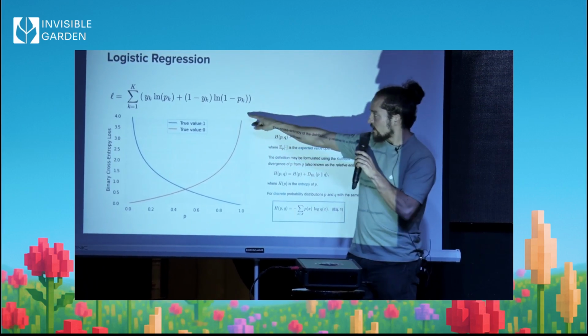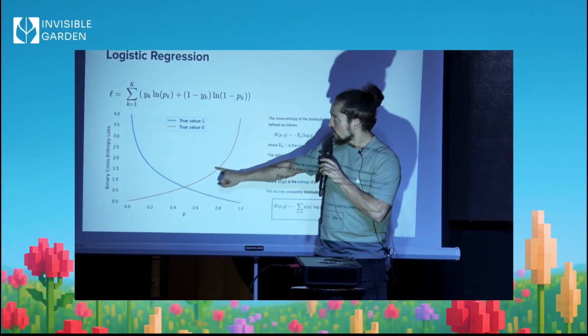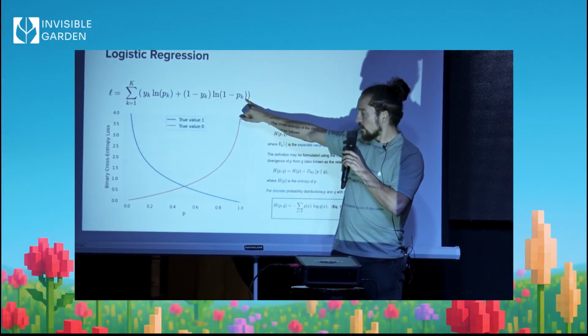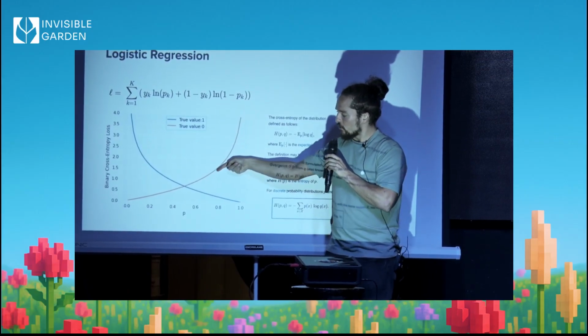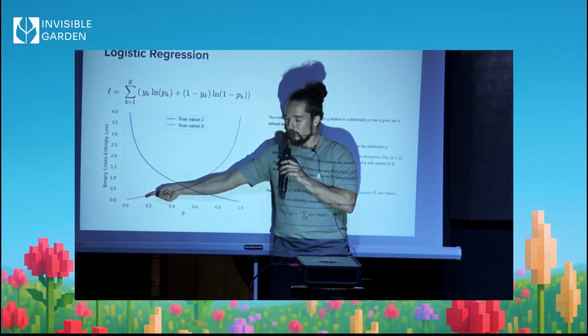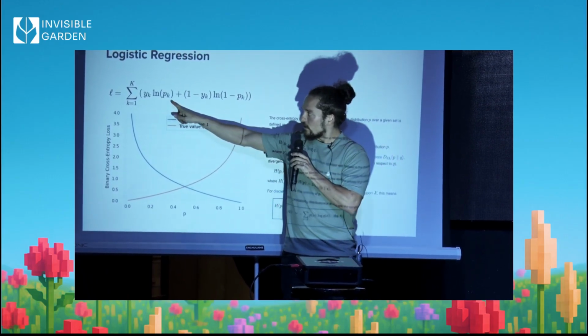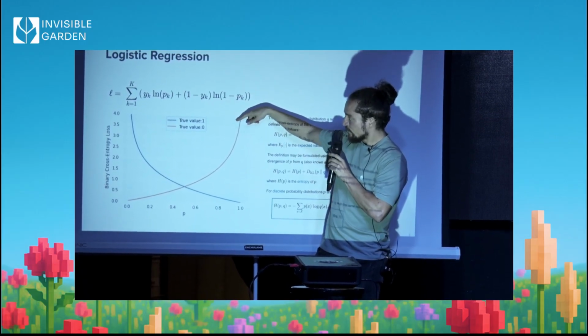So in this case, if y is a 0, you have this orange curve, which is just the logarithm of 1 minus p. And so you're trying to minimize that, pushing your model to predict a 0. And when y is a 1, you get this logarithm of p_k.